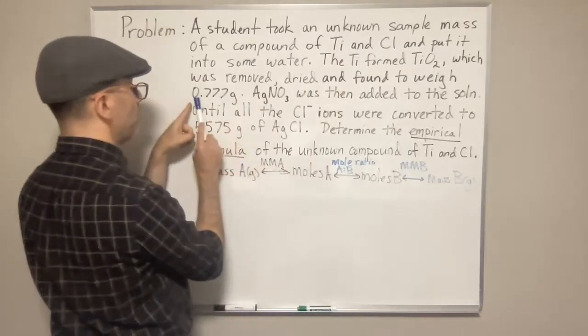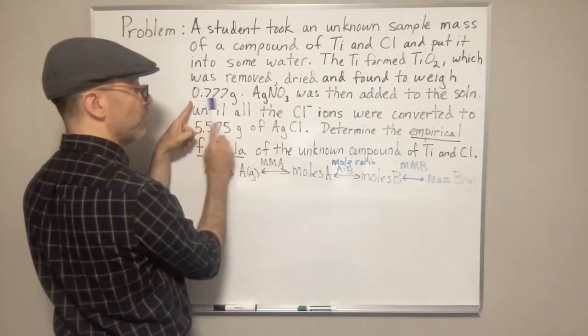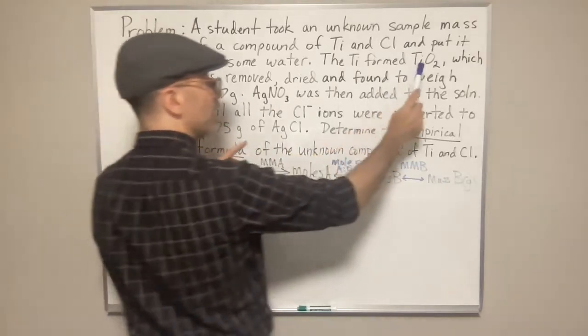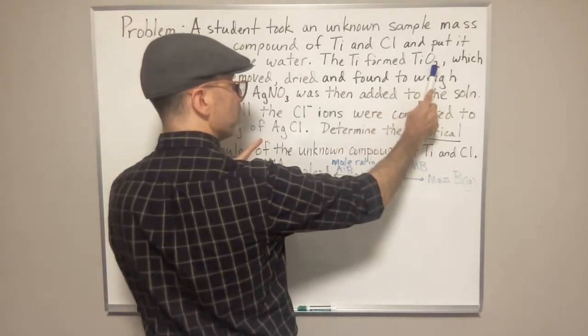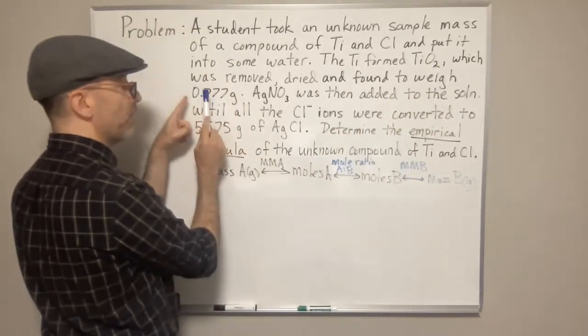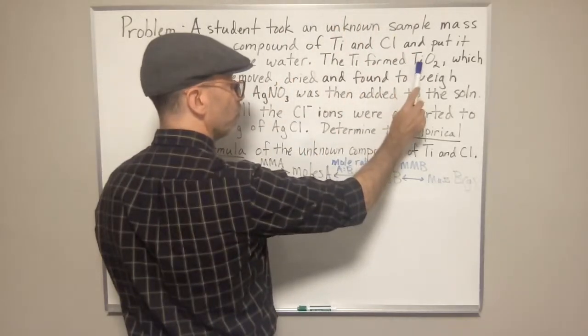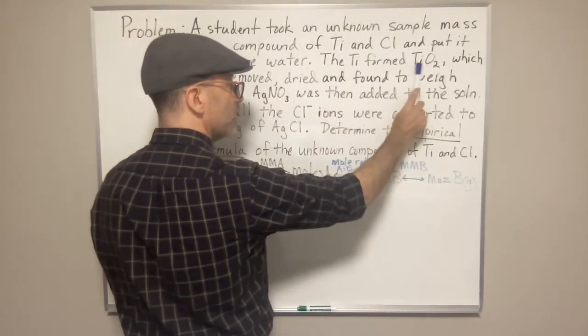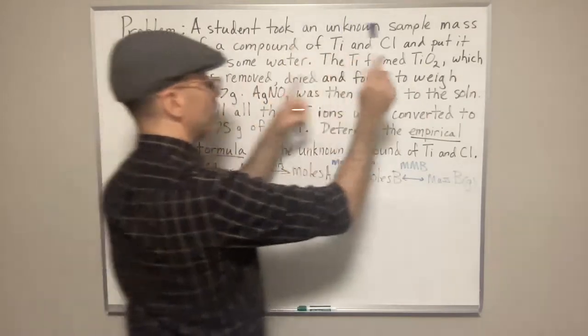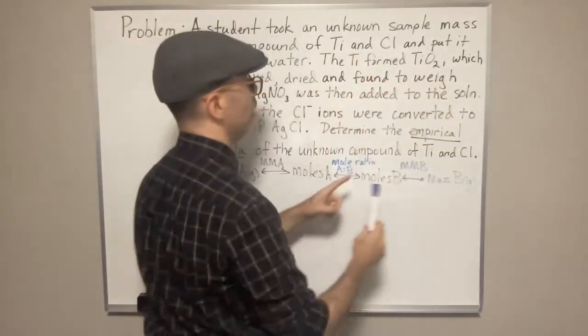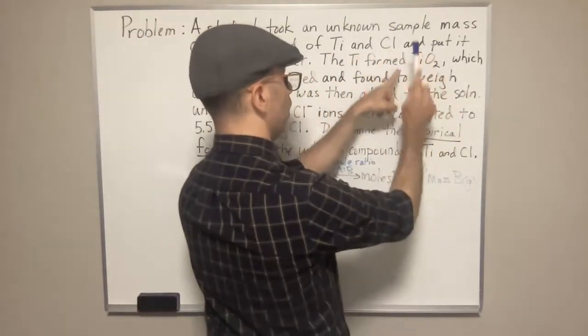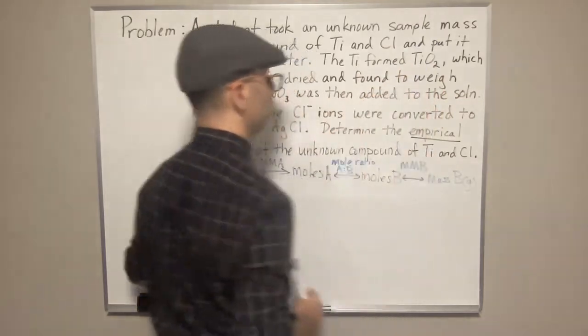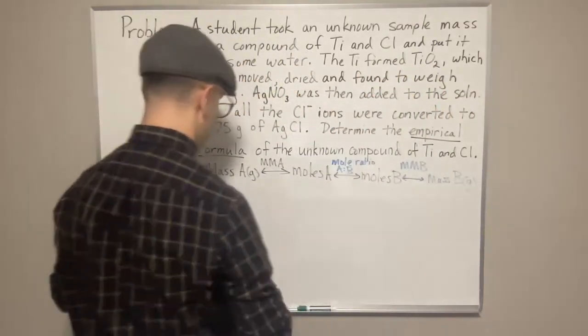So we want to go from the gram amount of titanium 4 oxide and then go from that to moles of titanium. Titanium would be our B. So the titanium oxide is our A, and then we want to convert that to moles of titanium. So we're going to follow our map.